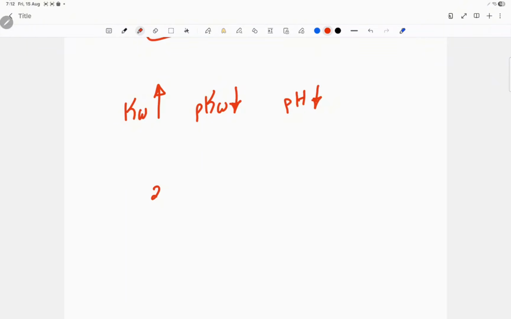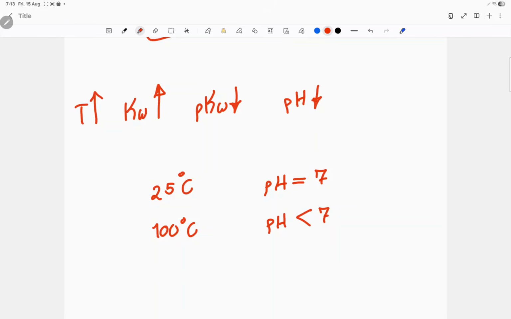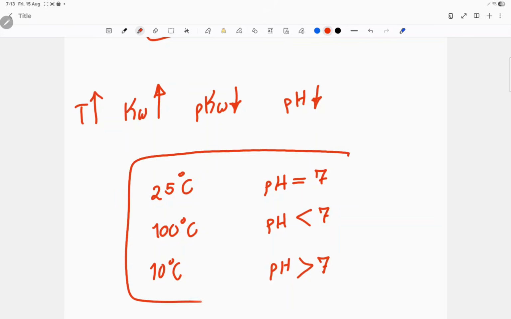So when the temperature is 25 Celsius, the pH of the water is 7. When temperature is 100 Celsius, the pH will be less than 7 or more than 7? It will be less. And if temperature is 10 Celsius, the pH will be more than 7. Get that part?